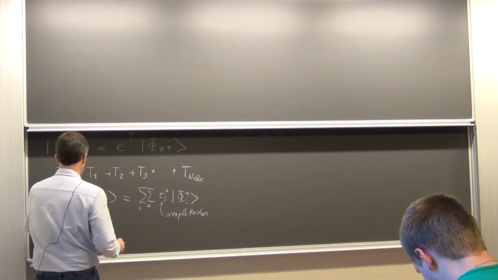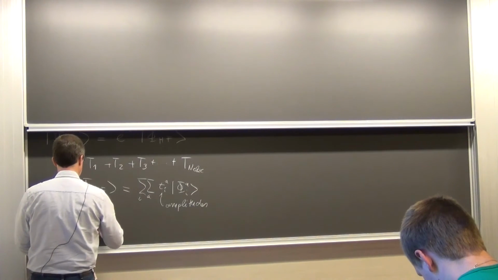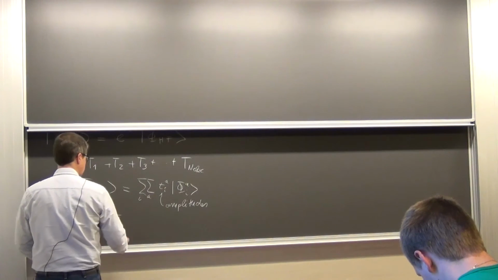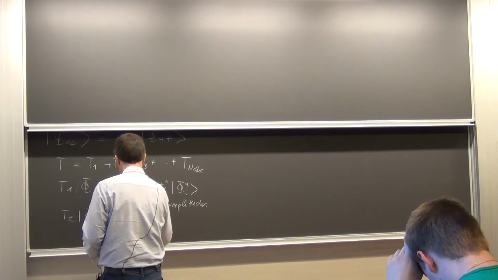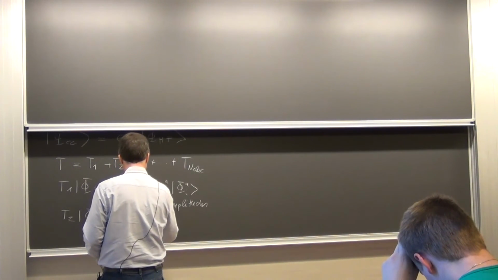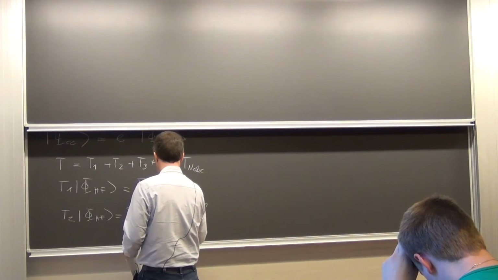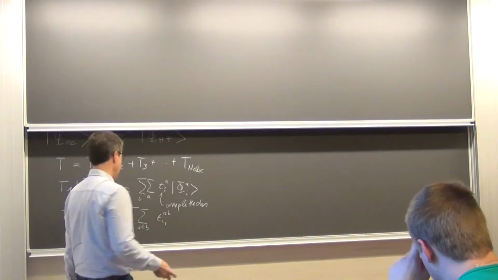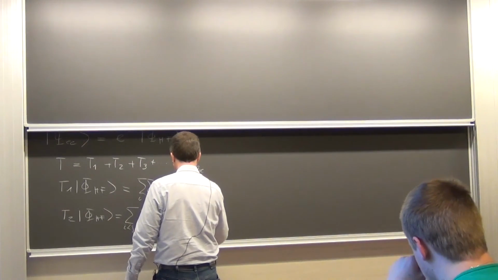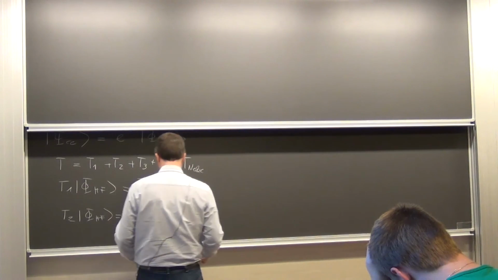T2 then correspondingly again acts on Hartree-Fock. That gives us all doubly excited determinants. And here again we have now a double excitation amplitude, or doubles amplitude, and here the doubly excited determinant.